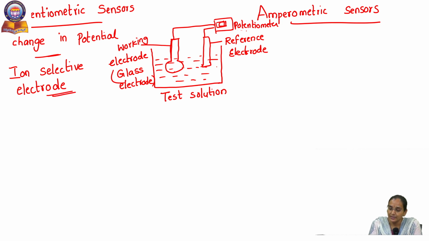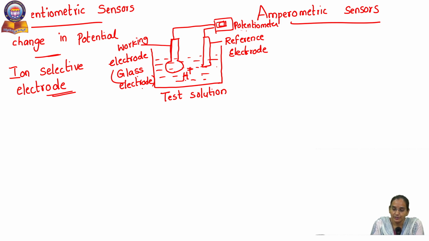For example, to detect the H plus ion only, we take a glass electrode. Like that, in potentiometric sensors, we take an ion selective electrode based on our necessity. The other one will act as the reference electrode. If there is a change in potential, it can be measured using the potentiometer.